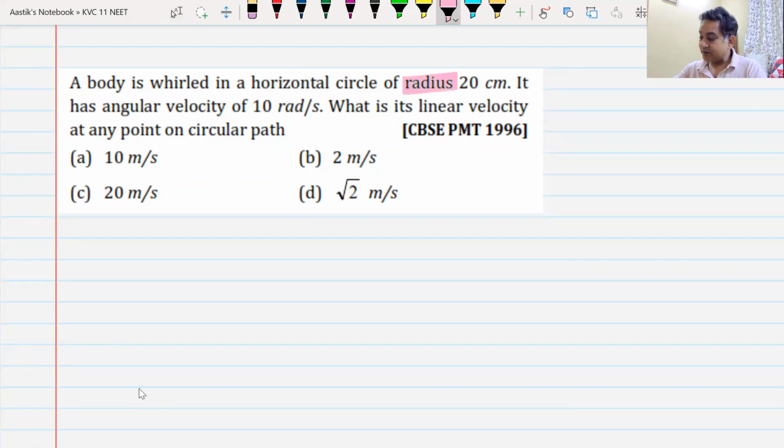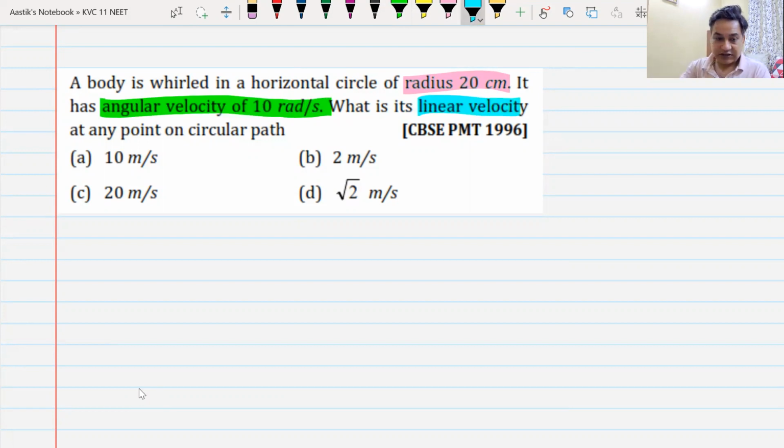The radius is given as 20 centimeters. It has an angular velocity of 10 radians per second. You have to find out its linear velocity. I hope you can do justice to this question.